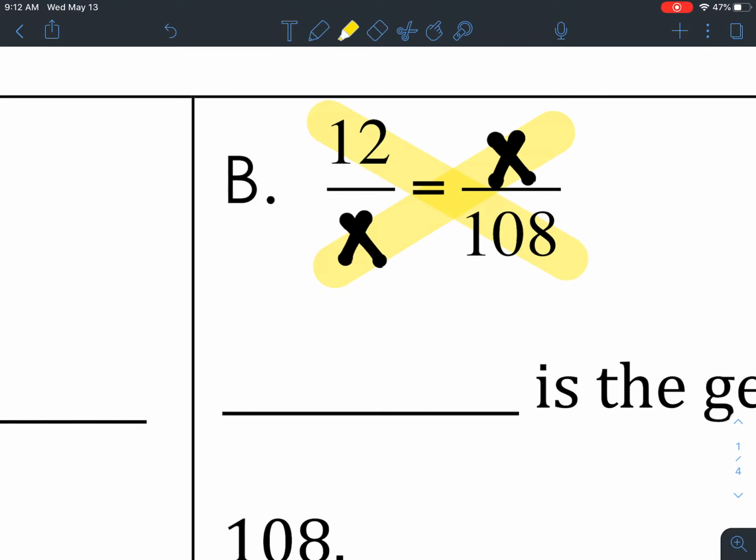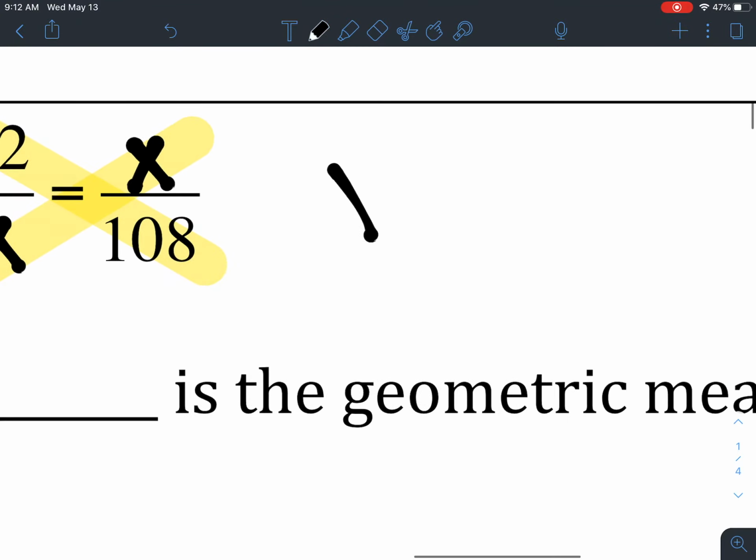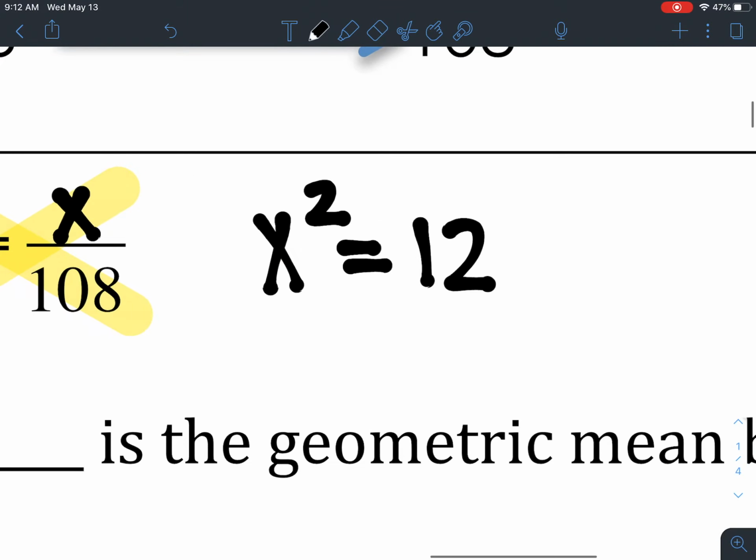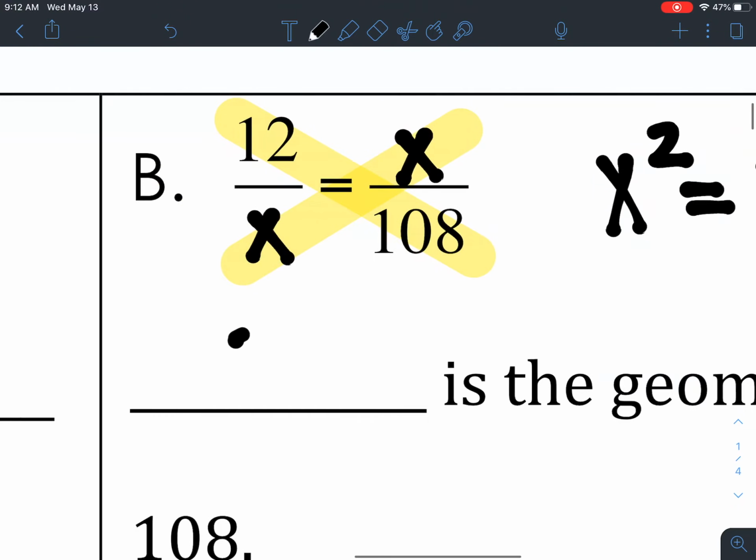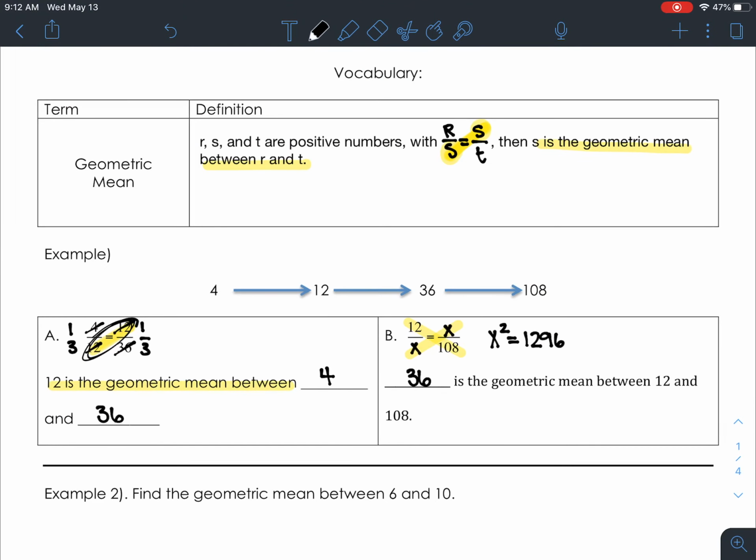If I cross multiplied, I would get X squared is equal to 12 times 108, which gives me 1,296. And then if I square root that, I'm opening up my calculator, I get 36. So 36 is the geometric mean between 12 and 108, okay?